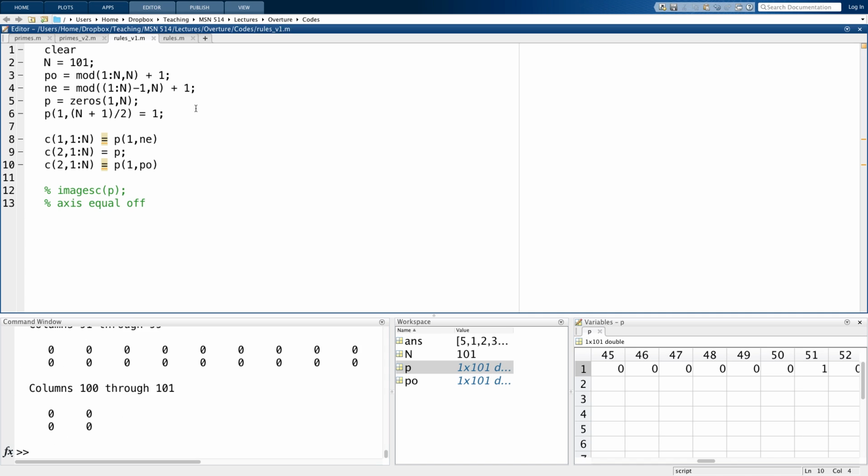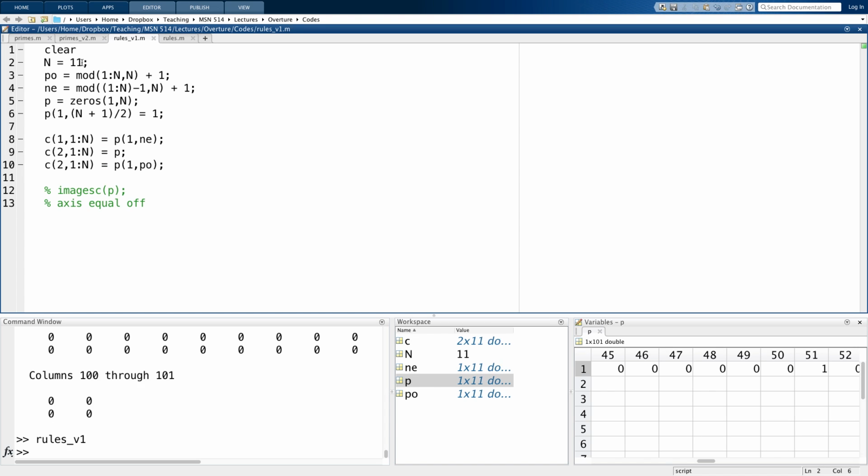Let's run this and see. Okay, I have to comment this. See how C looks like. And let's make it not 100, but 11. So I will click on C. Okay, I have to make it 3. Run it.